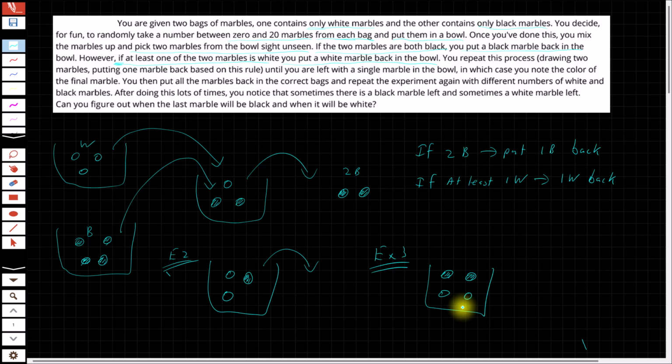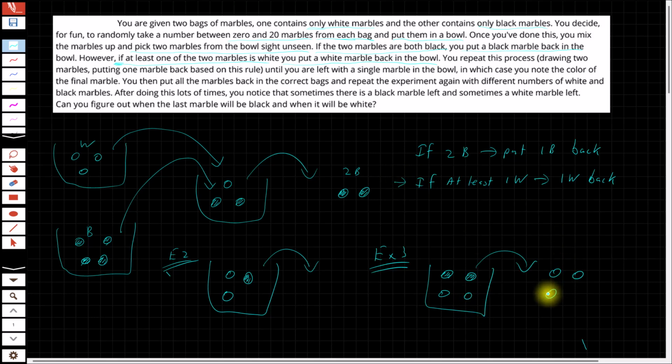But if we think about it, we keep on going, maybe next time we pull out that black marble and the white marble, we have to follow this rule. We have to put this white marble back. So if we pull out a white and a white, we have to go with this rule here, put one white marble back.